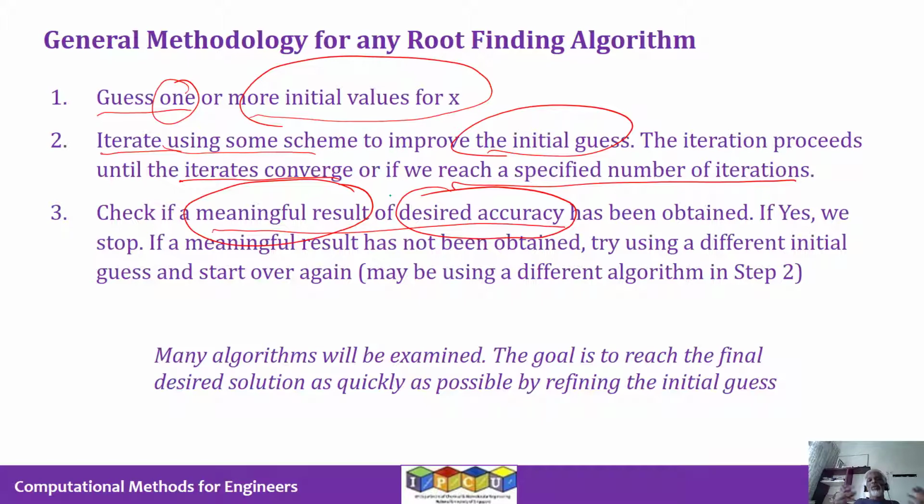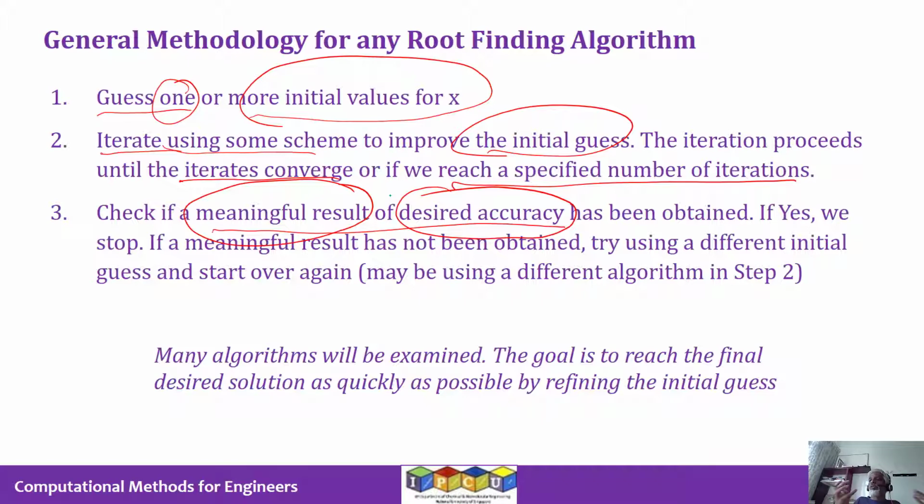But if we have not got a meaningful result, then you have to change your search domain, or you have to try a different initial guess. For example, if I'm using the Newton method and I get a negative value for the mole fraction, we know it may be accurate mathematically, but it is physically not meaningful.